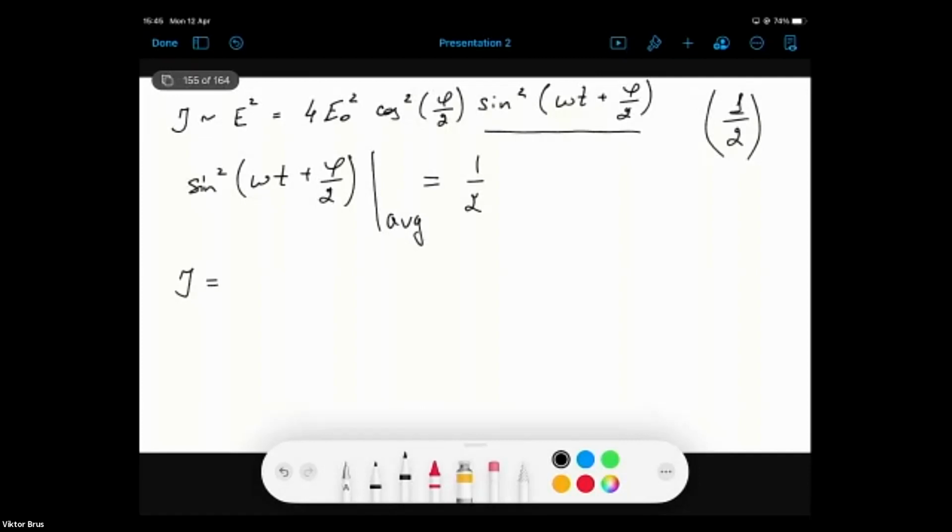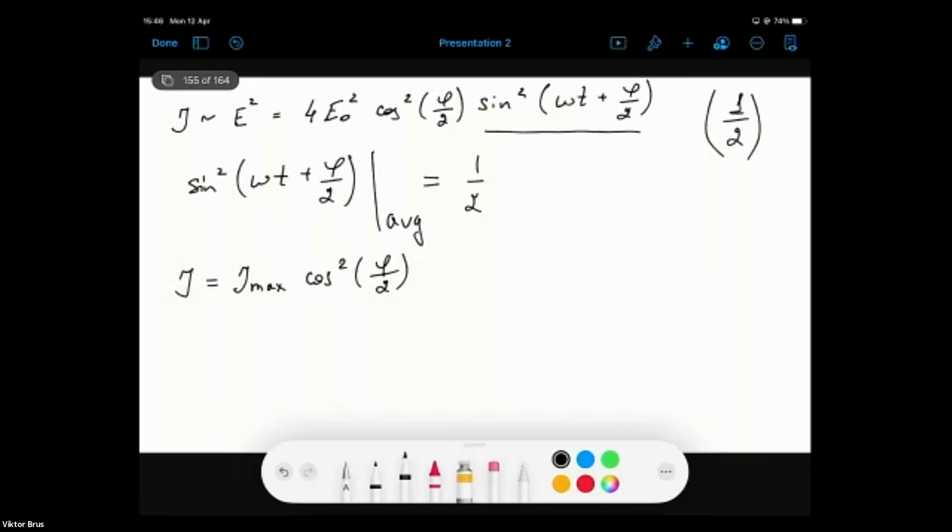So I is equal to I maximum times cosine square of phi over 2. So I maximum stands for the maximum intensity on the screen, like in the center of the bright fringes.